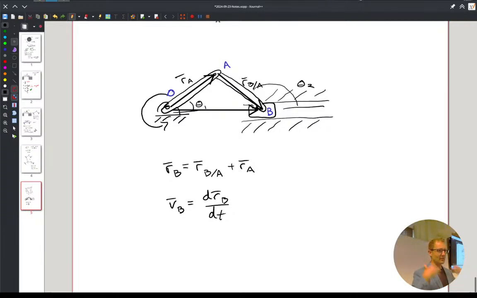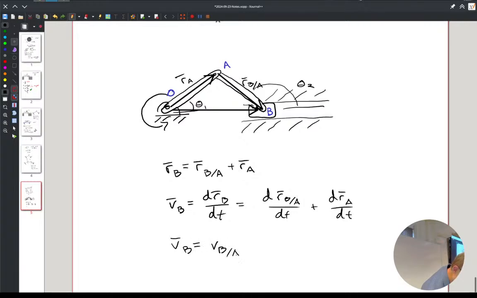We do have to use some calculus, but not sines and cosines or anything like that. We're just trying to figure out how our velocities constrain together, which is d of RB/A dt plus d of RA dt, or VB is velocity BA plus velocity A.